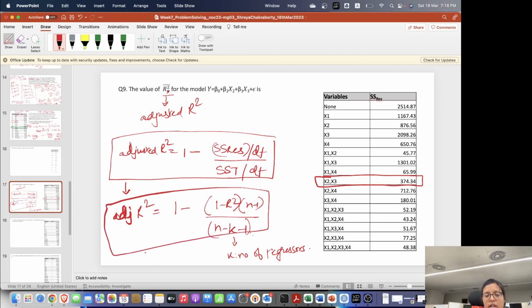First, let us use the second one. The R square value we got is something around 0.85, n is 13 as they have said. K is how many regressors are we using? 2. So using this second formula, how much is the adjusted R square? Can you calculate?